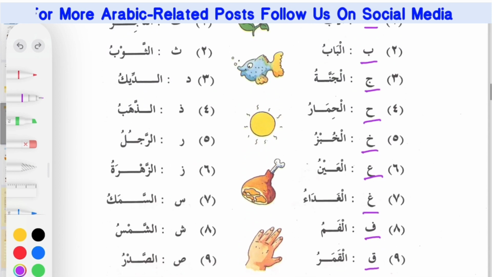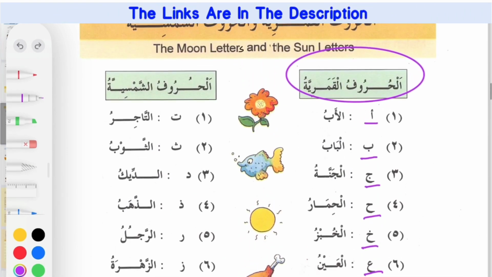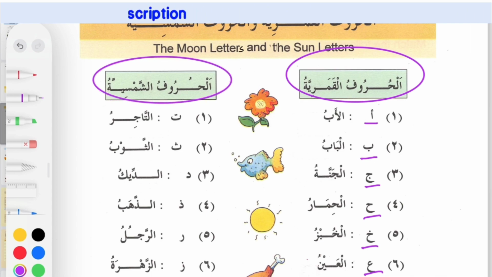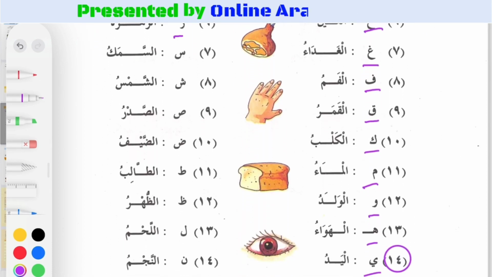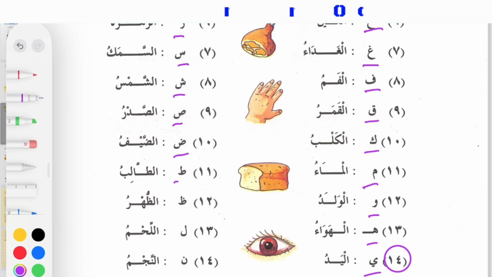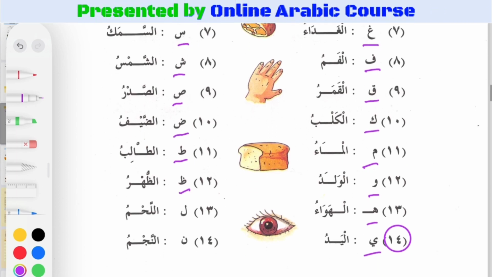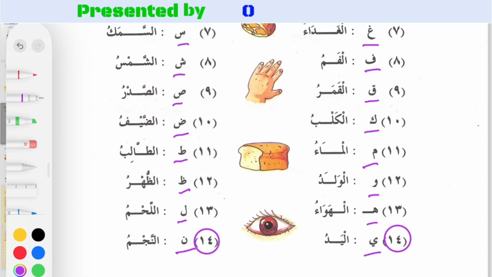On the other hand, huruf al-shamsiyya, the sun letters, are ta, tha, dal, dhal, ra, za, sin, shin, sad, dad, ta, dha, lam, and nun. These are also 14 letters.